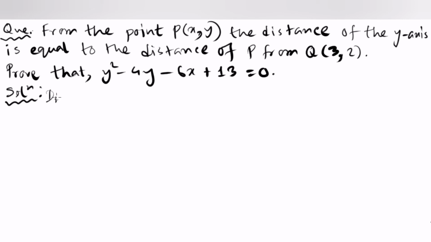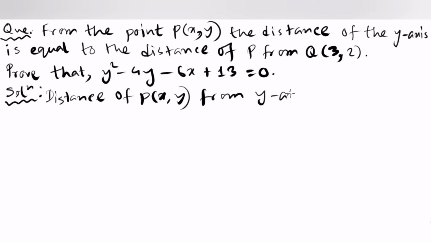So we'll write: distance of P(x, y) from the y-axis is equal to the modulus of the abscissa. Abscissa here is x, so we write modulus x, and the modulus will convert it to its positive form, so it will be x units.